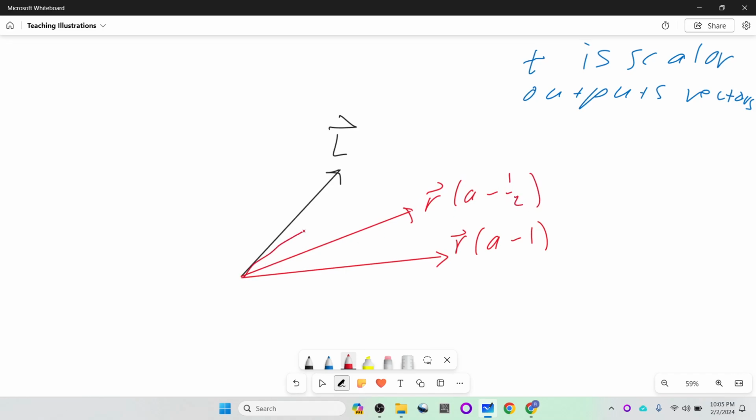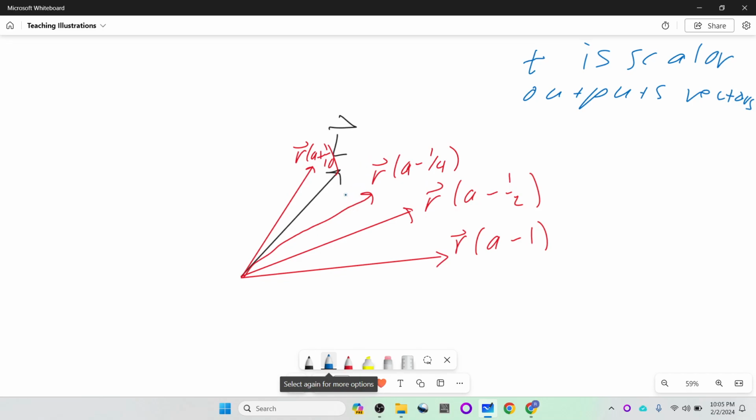We plug in a minus a quarter. We get a little closer. And maybe it's not only minus, maybe it's also plus. We plug in r of a plus 1/10. We get closer. So you see the inputs are getting closer and closer to a, and we see the vectors are getting close to L.